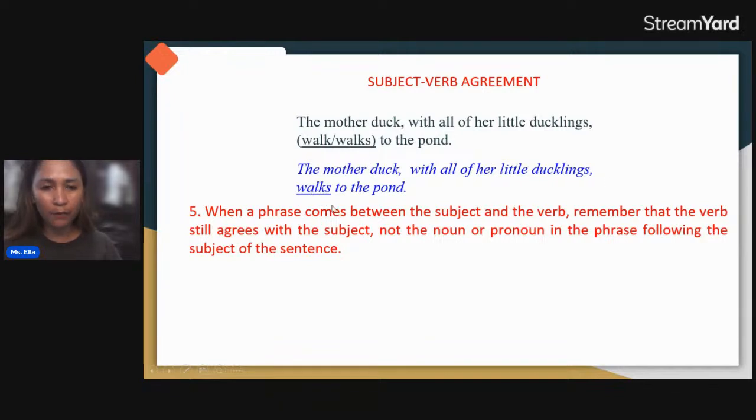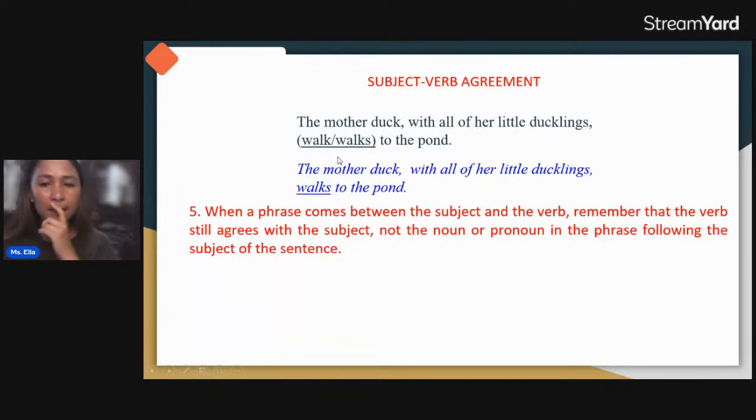Now, the verb still agrees with the subject, not the noun or pronoun in the phrase. Though in this phrase we have a noun, little ducklings, we should ignore the phrase and focus only on the subject.